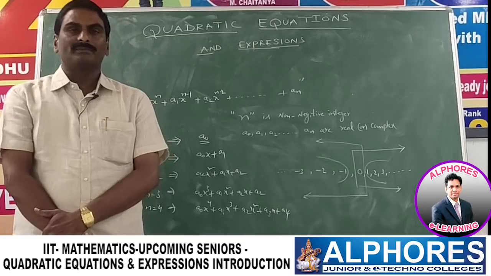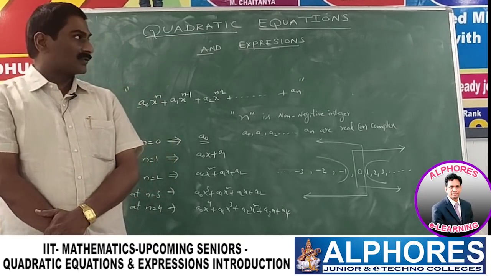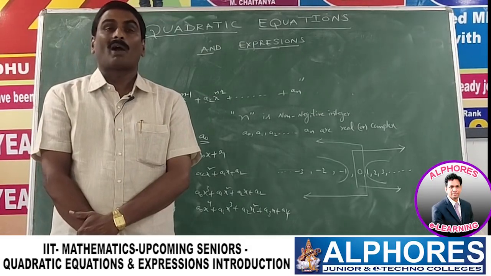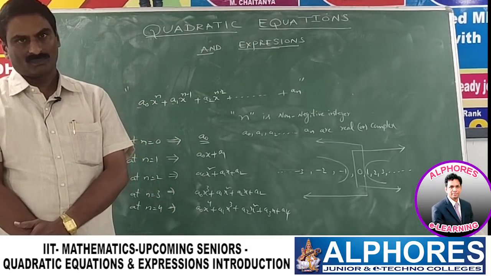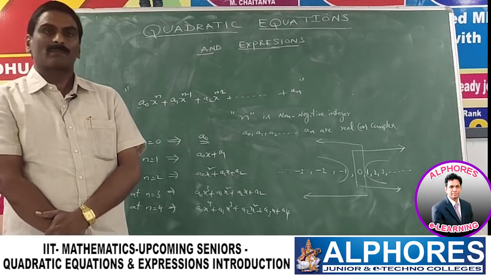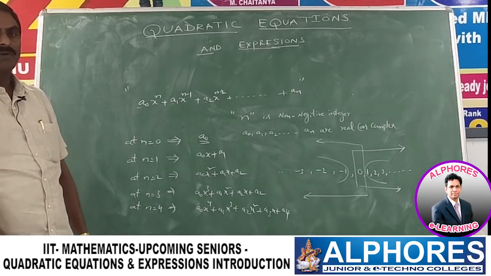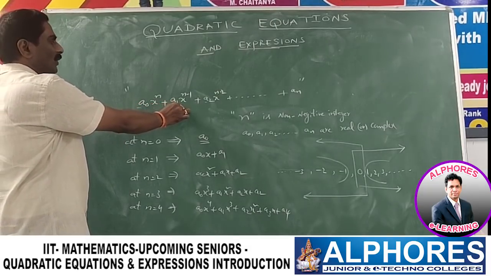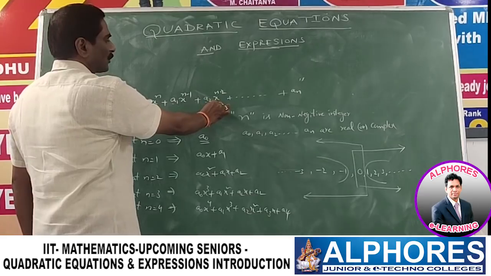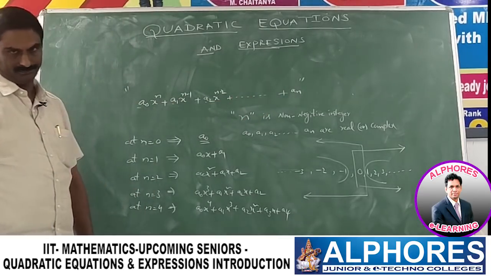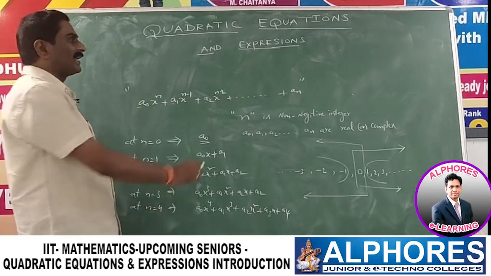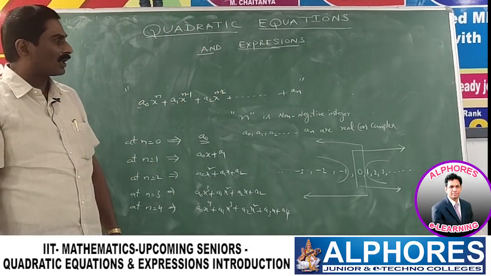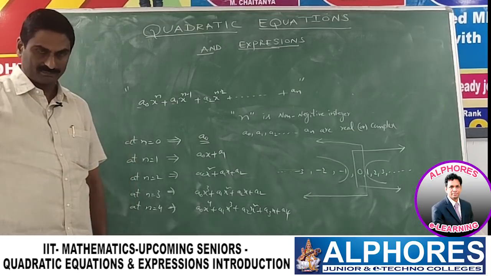Before we enter the chapter, first we talk about a polynomial. What is the polynomial? A polynomial is an expression which is in the form of a0 into x power n plus a1 into x power n minus 1 plus a2 into x power n minus 2 plus so on an, where n is a non-negative integer and a0, a1, a2 so on an are real or complex numbers.